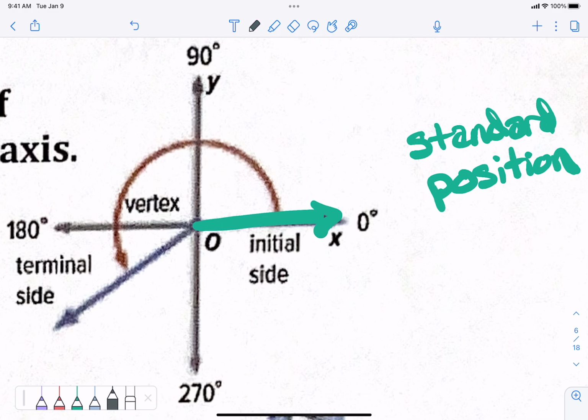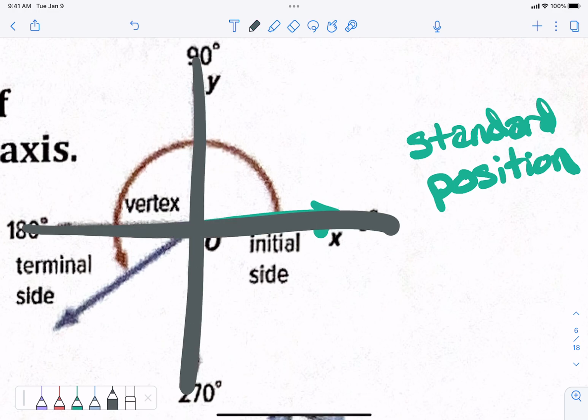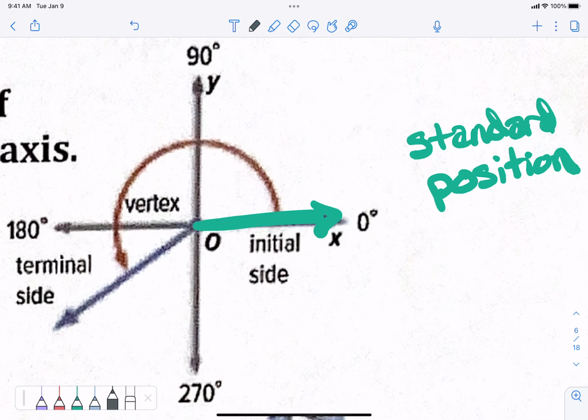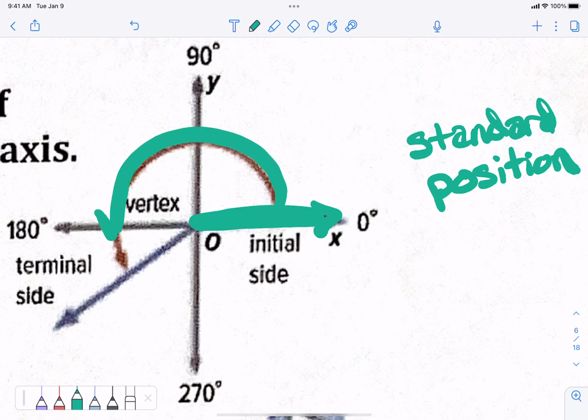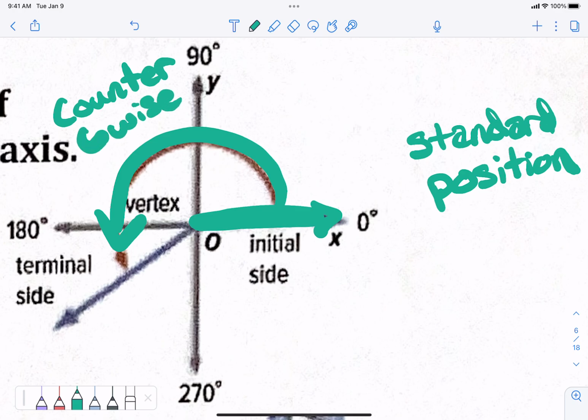They've drawn a coordinate plane where you have an x and y axis here, and your first side of your angle will always be this line right there, always in standard position. Then your angle rotates counterclockwise.